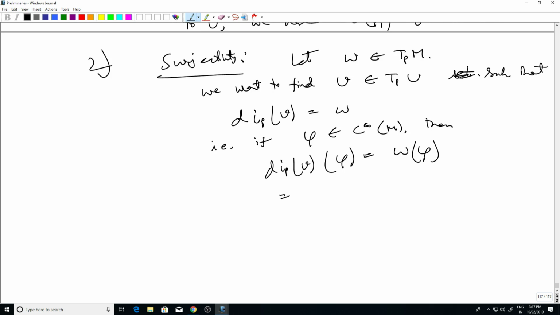And this we know is the same as V of, as usual, I just take the phis on M and then phi composed with i.